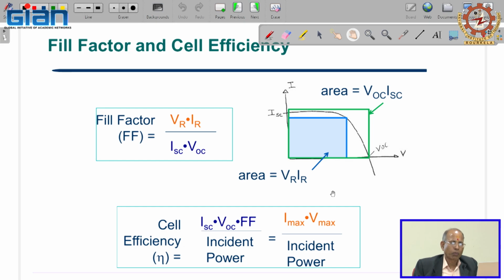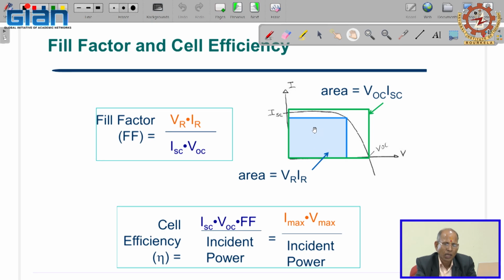Now basically here comes the concept of fill factor and cell efficiency. You have this IV characteristic of the PV panel.